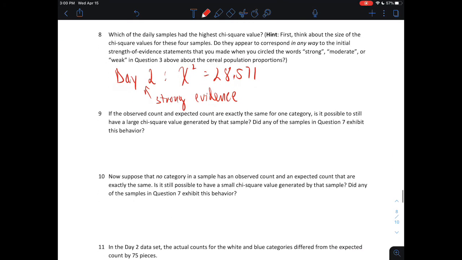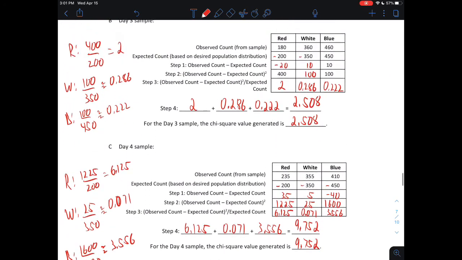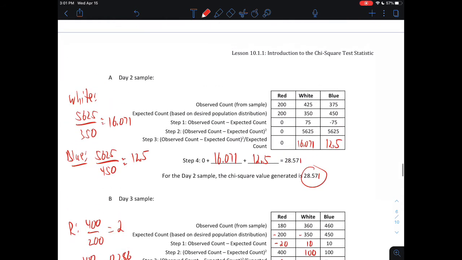Number 9. If the observed count and expected count are exactly the same for one category, is it still possible to have a large chi-square value generated by that sample? Did any of the samples in question 7 exhibit this behavior? So did we have any sample where the expected and observed counts were the same? We'll actually see that in day 2.